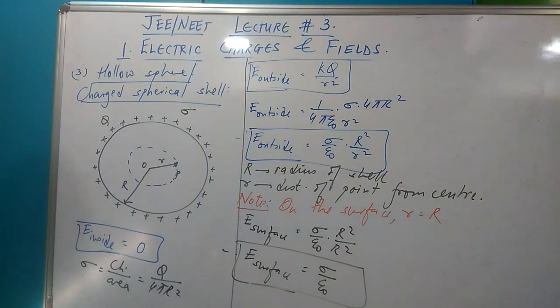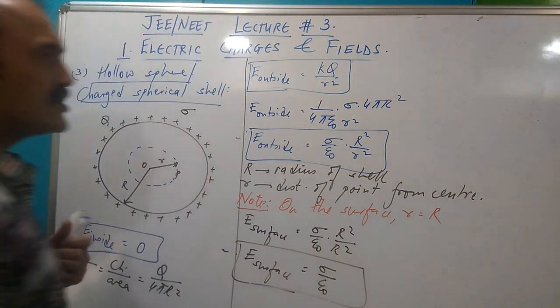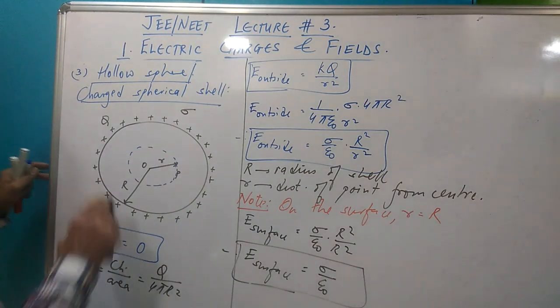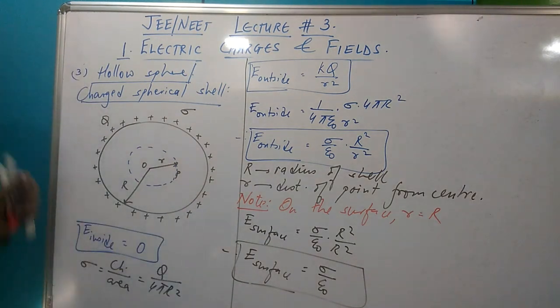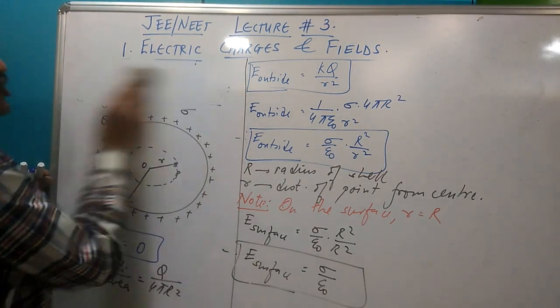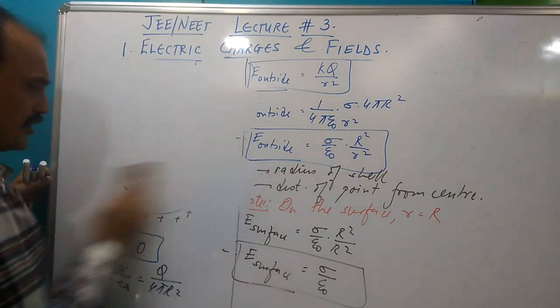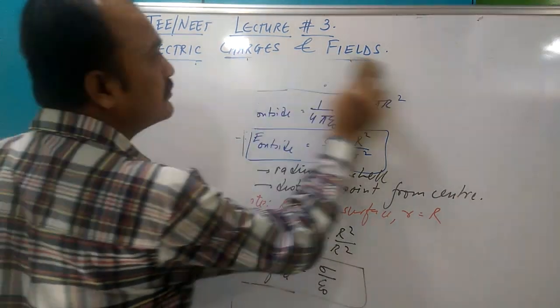Which brings us to our last and the most important idea, which is called solid sphere. I equate a solid sphere with a ladu. So you can have a look. A solid sphere is a three-dimensional idea. Solid in every sense, hollow in none.